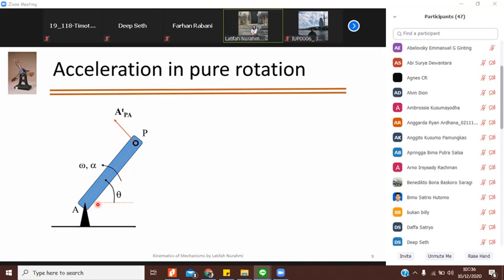Then we can derive it based on this alpha, omega, and theta. We can find the acceleration in the tangential direction, also along the normal direction, right?